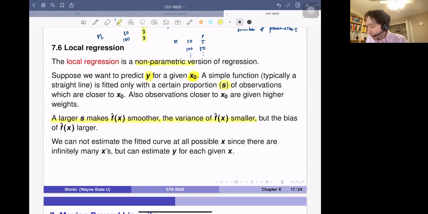So that means the variance of f hat x is smaller. We use many observations, so the estimate is more reliable, but the bias is larger.